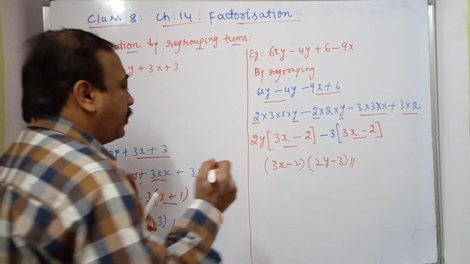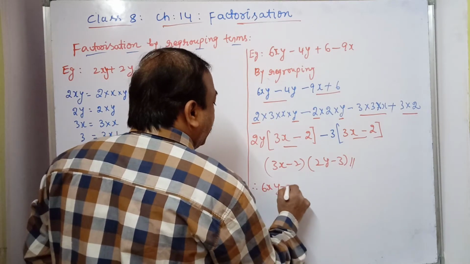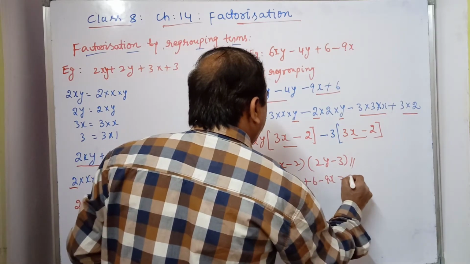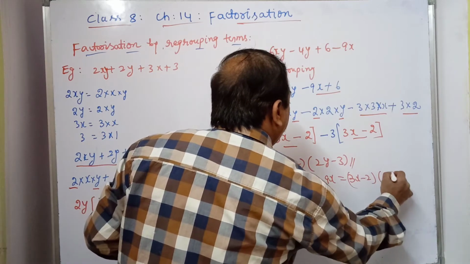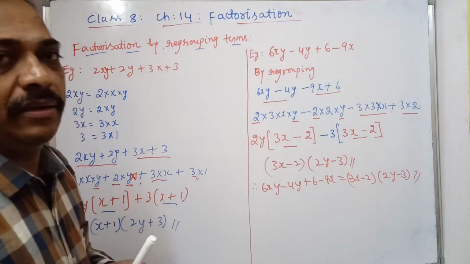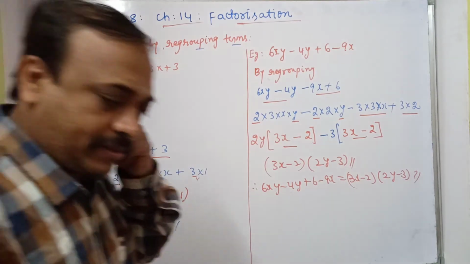Therefore 6xy minus 4y plus 6 minus 9x is equal to 3x minus 2 into 2y minus 3 is the factorization. Is it clear, students? You must be careful with the signs.